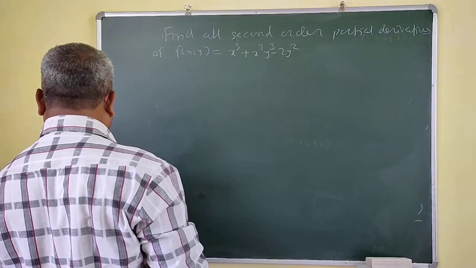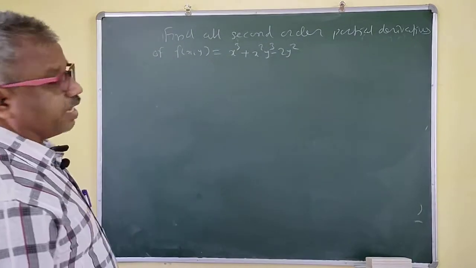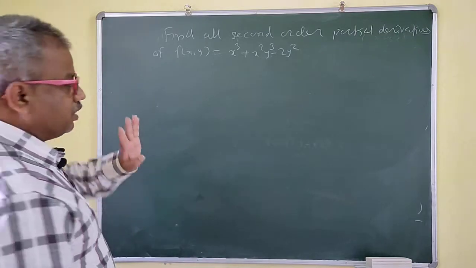We have to find all second order partial derivatives. There are 4 second order partial derivatives, right?